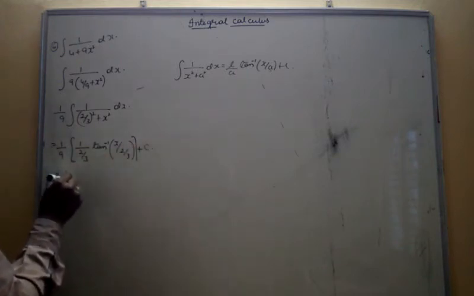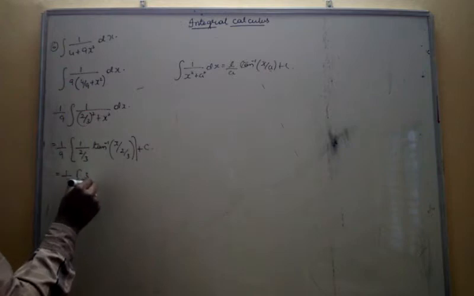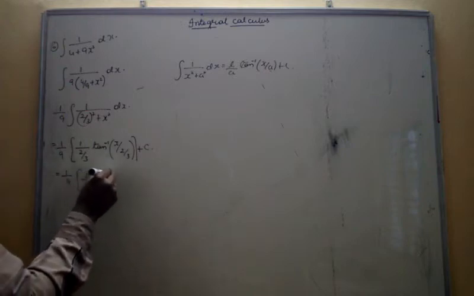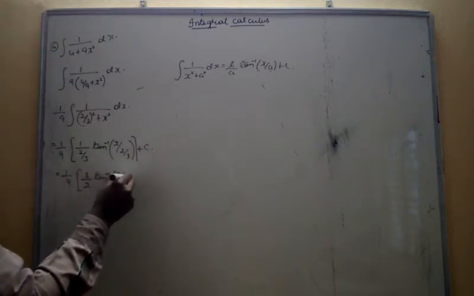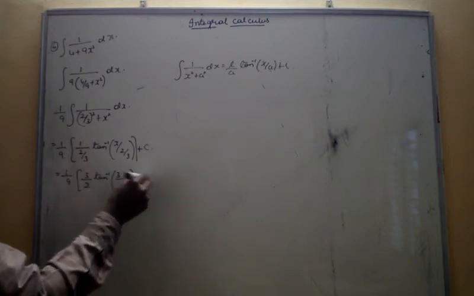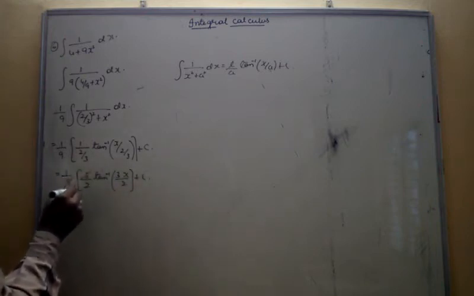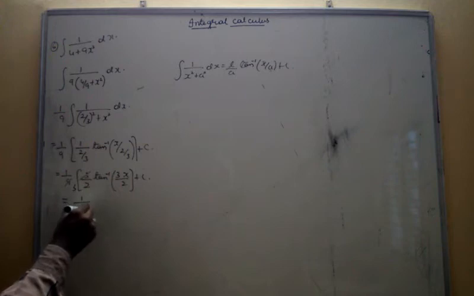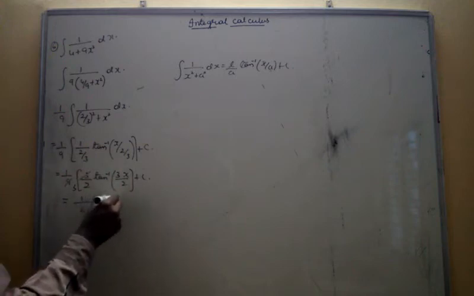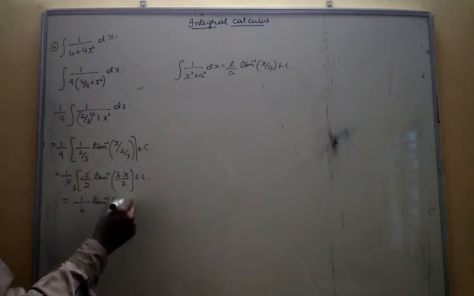Then 1 by 9, then 3 by 2 tan inverse of 3x by 2 plus c. If you cancel the 3s, then 1 by 6 tan inverse of 3x by 2 plus c.